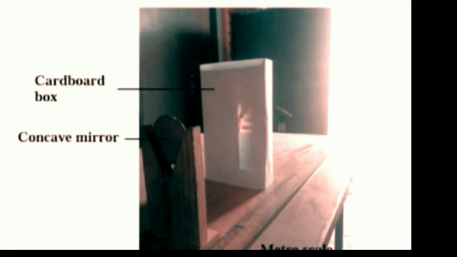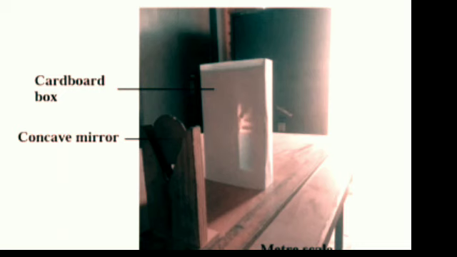To obtain a clear image of the source on the screen, move the screen along the meter scale and perpendicular to it. The image will be inverted and larger than the source. As the image is obtained on the screen, it is a real image.